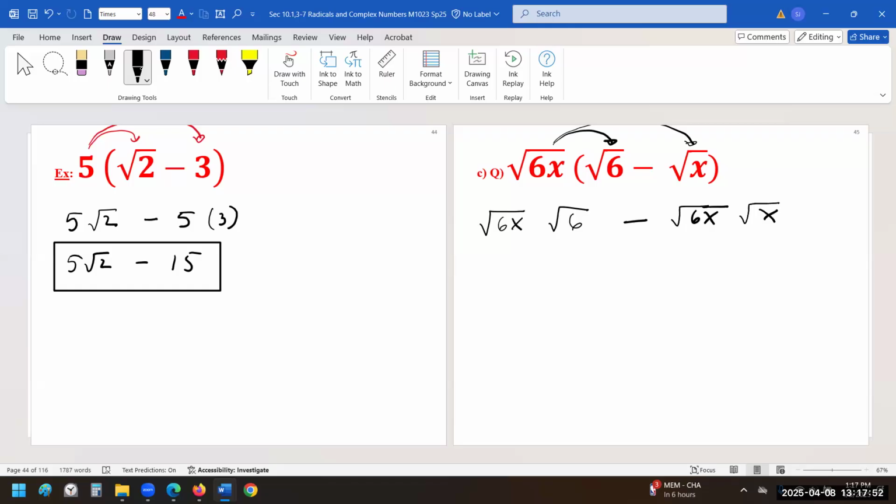And now they become just like the multiplication we did before. Do you remember the multiplication we did before? When you have a number and variable, what do you do when you multiply them? Inside, we put 6 times 6 and x. So we separate them.